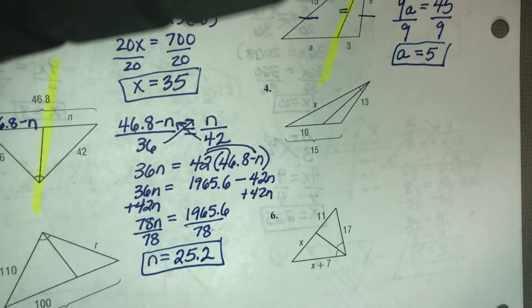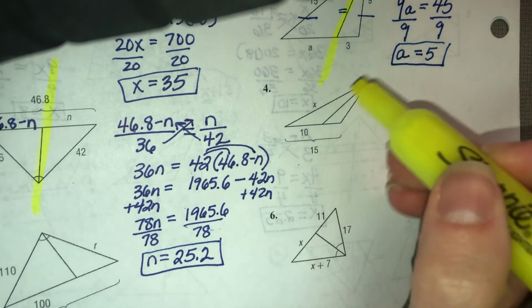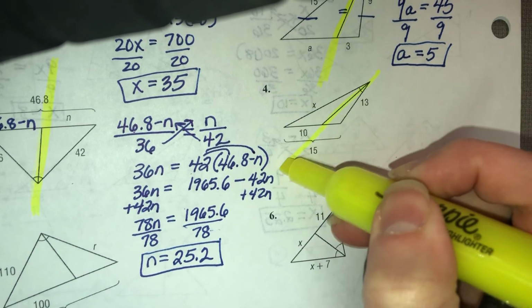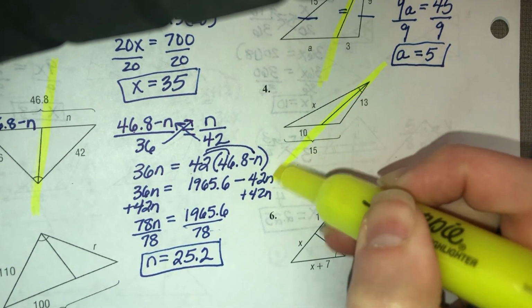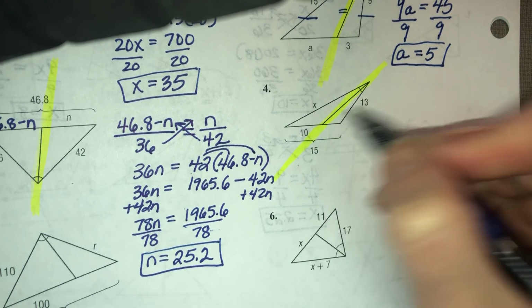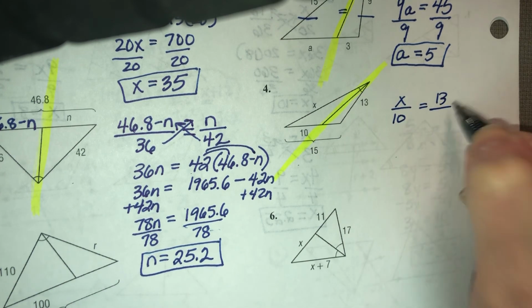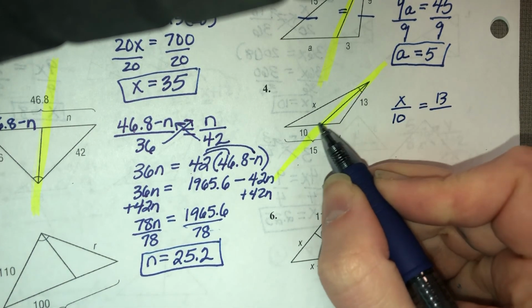Now let's look at number 4. And this will be the last one that we do today. We have this line, the angle bisector, separating it into 2 parts. x on top of 10 on the left equals 13 on top of, we don't have a number here.